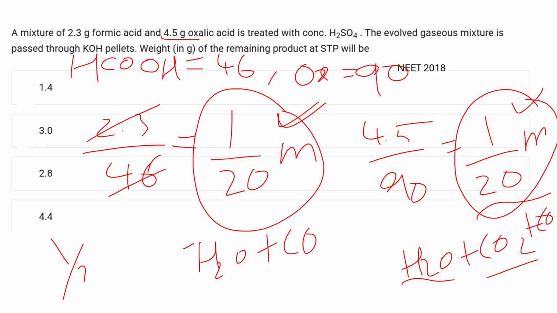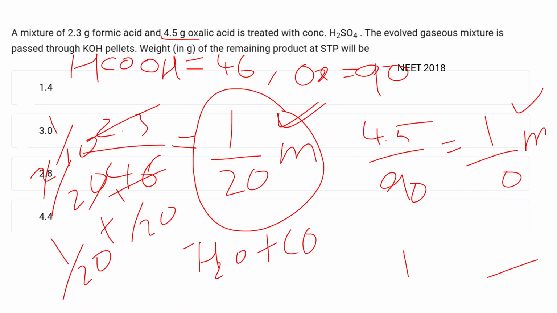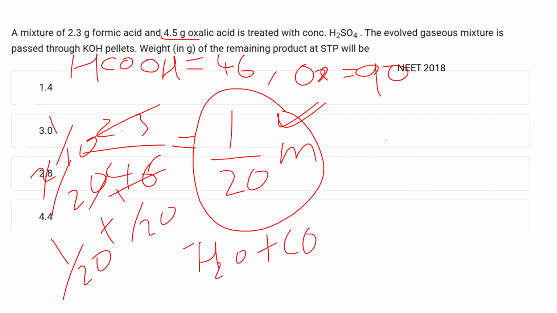The denominator is the same, so 2 by 20, which is 1 by 10. I am erasing some part. So I found 1 by 10 moles.